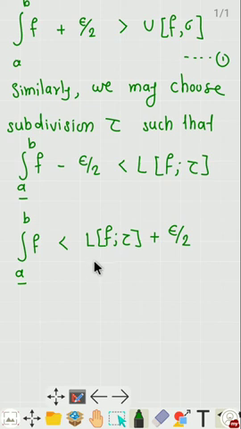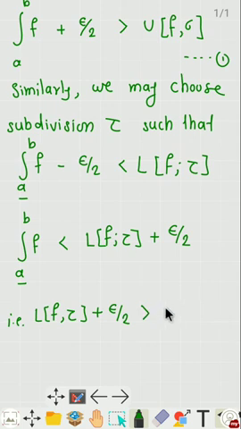That is, we can write the lower sum of function f corresponding to subdivision tau plus epsilon by 2 is strictly greater than the upper sum of function f corresponding to subdivision tau minus epsilon by 2.